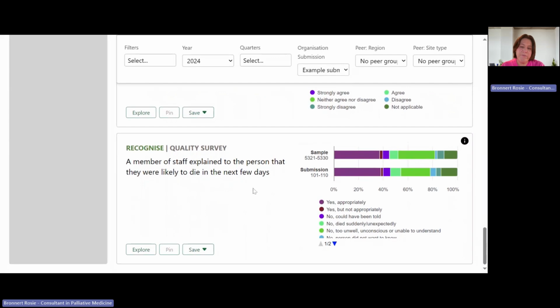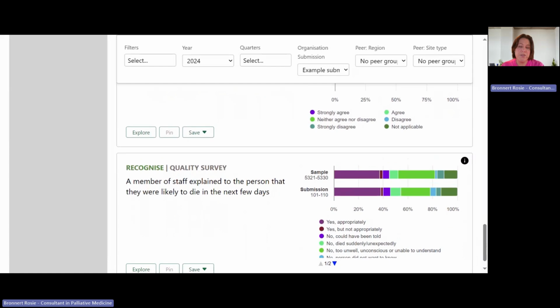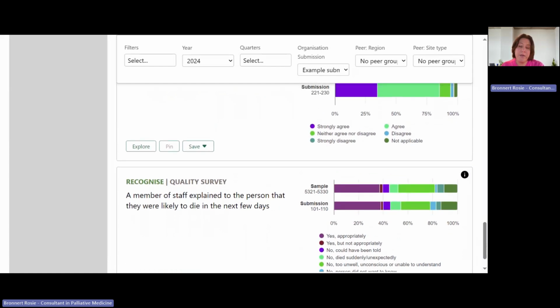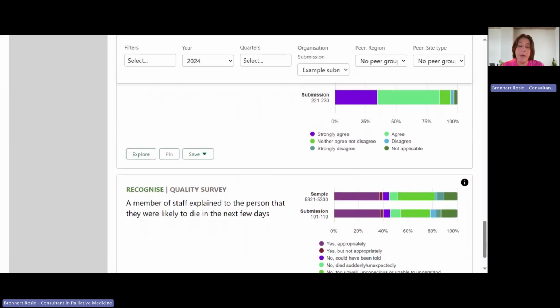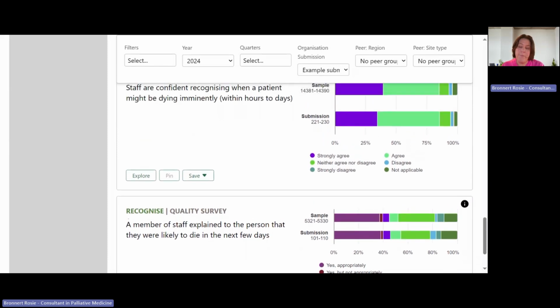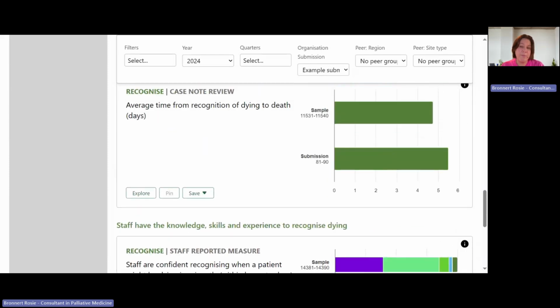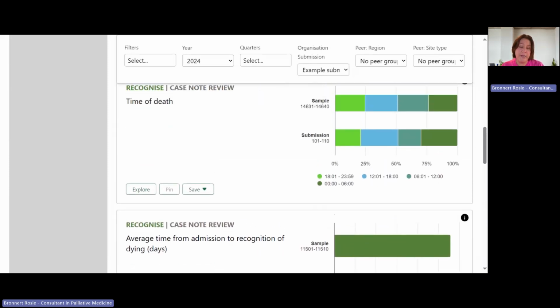So I think this information that I have looked at with this example submission suggests that this example organisation is recognising dying. There may be some questions about whether people come into hospital who are more unwell than on the national average and die sooner, but that may be something that warrants further analysis.